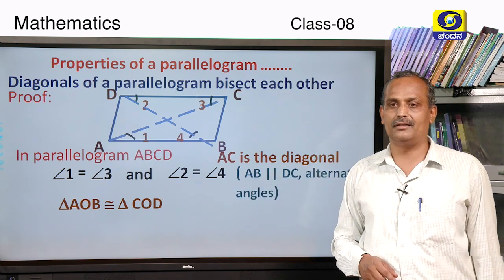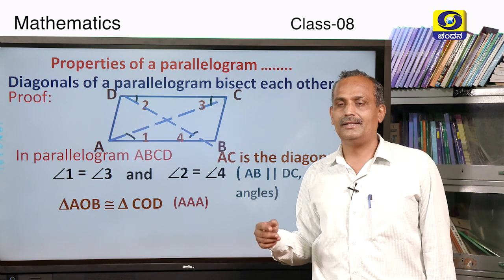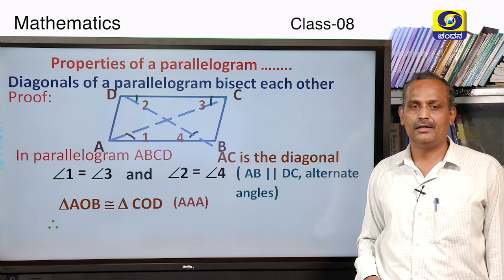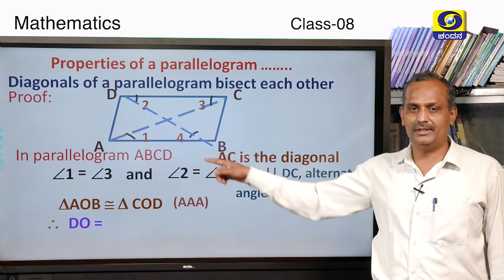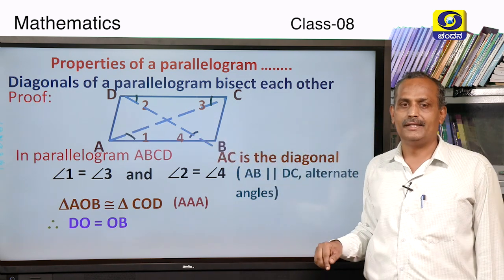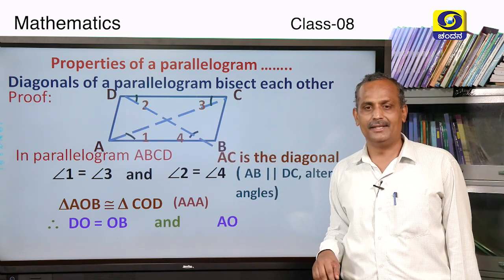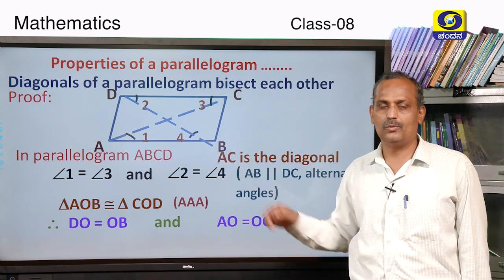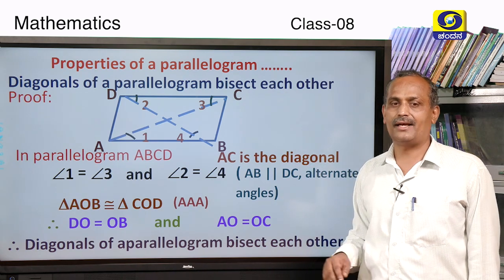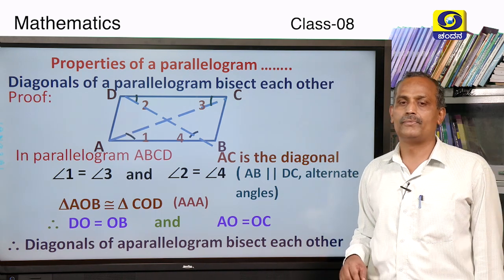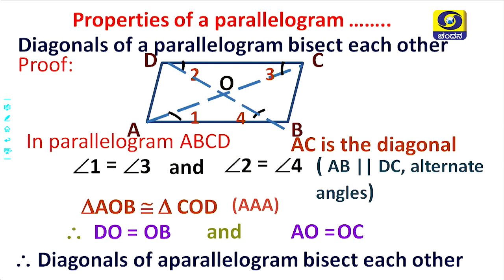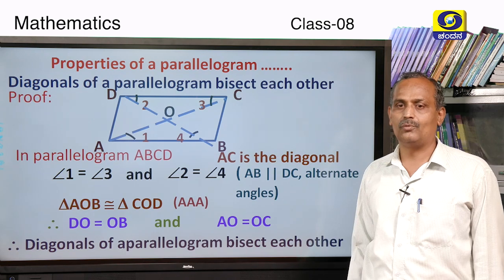They are congruent triangles based on the AAA criterion. Therefore, DO is equal to OB and AO is equal to OC. Therefore, we can easily conclude that the diagonals of a parallelogram bisect each other. So, mark this and understand whatever we have proved here.